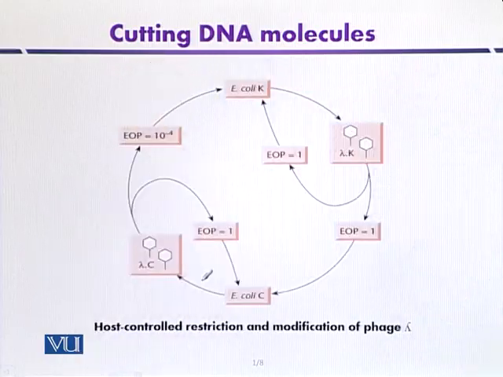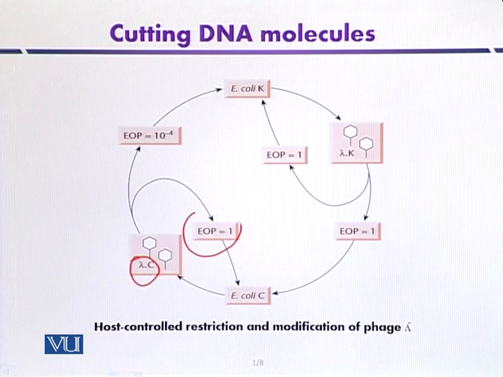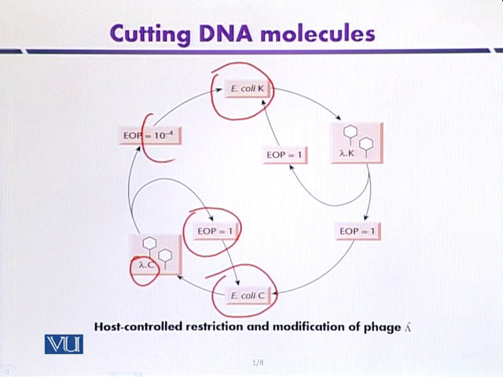Here, this diagram indicates the host controlled restriction and modification of phage lambda. If we use bacteriophage lambda that can infect E. coli C, the plating efficiency will be high, like 1, when we grow it on E. coli C. But if we take the phage titer or stock grown on E. coli C and directly infect E. coli K, then the plating efficiency is very, very low.